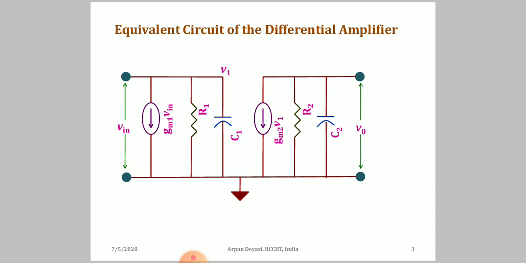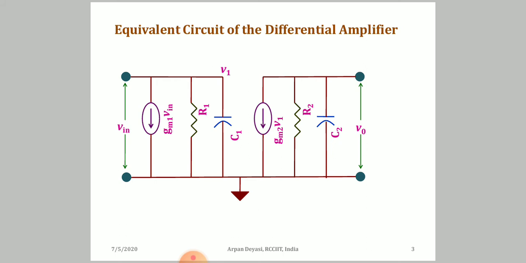Now we have 2 MOSFETs for the differential amplifier. Any MOSFET working under saturation condition should be represented by a constant current source, and according to Norton's theorem, any constant current source should have a parallel resistance.